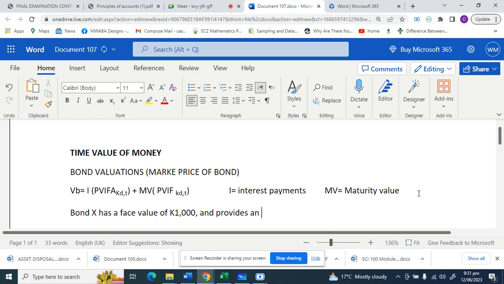an annual coupon. Whenever I hear this coupon word, it just equates to interest payment, or interest. There's an annual coupon of 8% for 20 years.